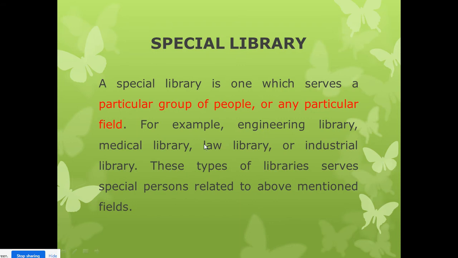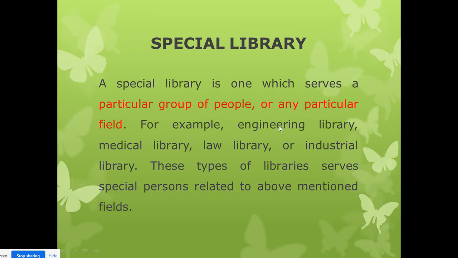For example, if there is a medical institution, then the medical library will be a special library, because this library only serves those people who are related to medicine. No engineering student will come to this library because there will not be any material related to engineering, and no one will come to the medical library for engineering material.